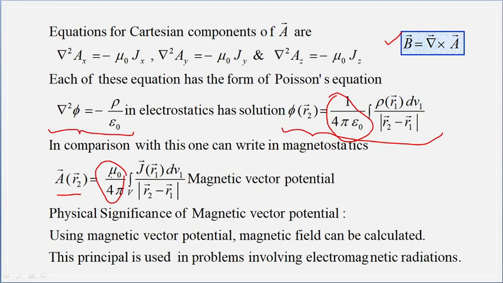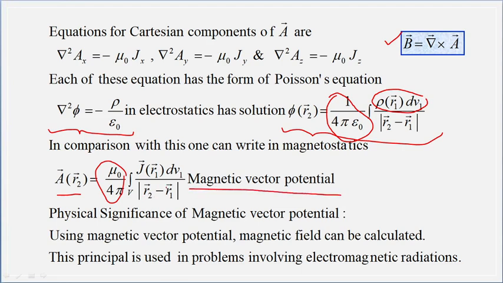Instead of rho, we write J. Here rho dV is the volume density of the charge, and this is the current density. So J dV1 divided by the modulus of vector R2 minus vector R1. This is the formula for the magnetic vector potential.